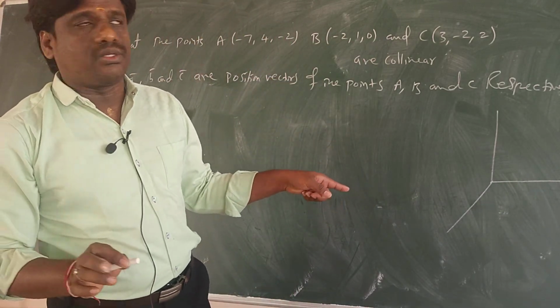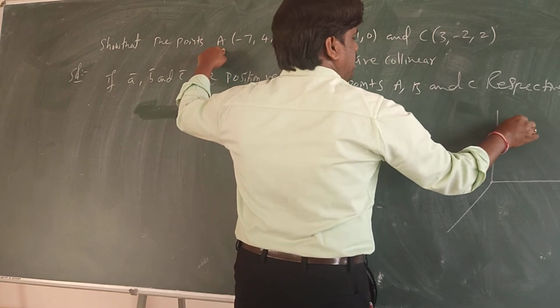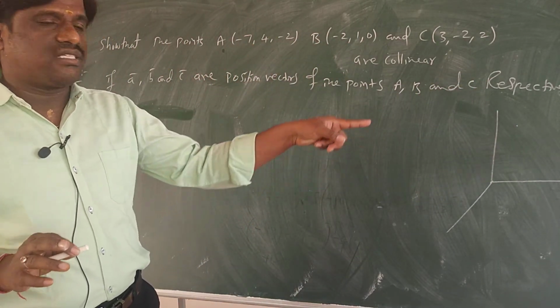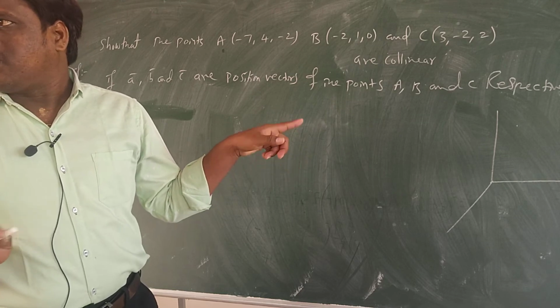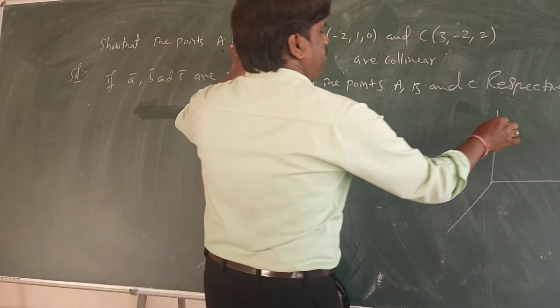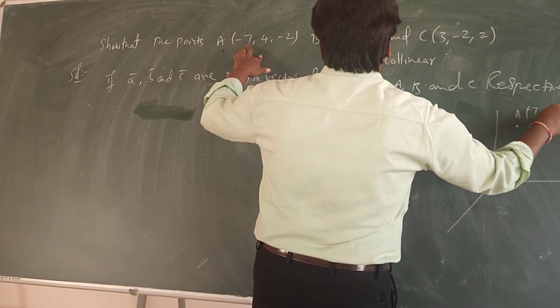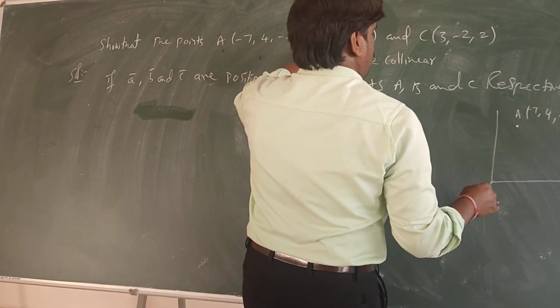Yesterday I told you, if a point A is somewhere in any plane, if I take x, y, z, then I can write it positive, negative. Assume it is here: minus 7, 4, minus 2.